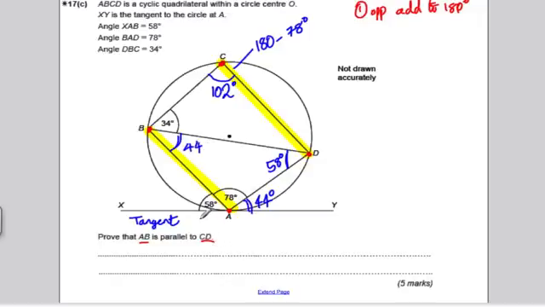Now actually, we're done on this question now, because look, these two angles here, the 34 and the 44, add up to a total of 78 degrees.